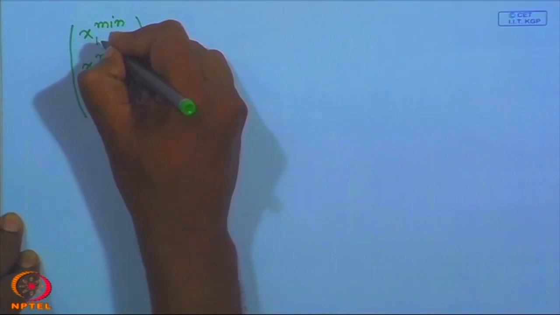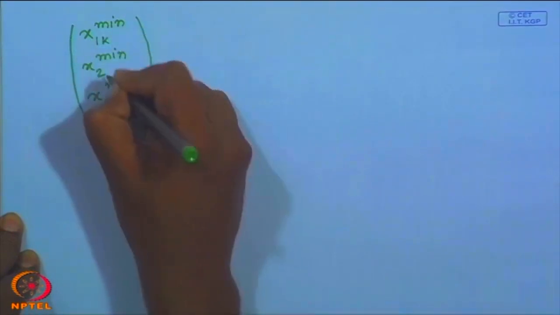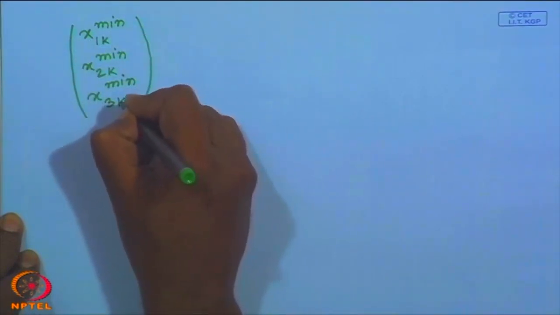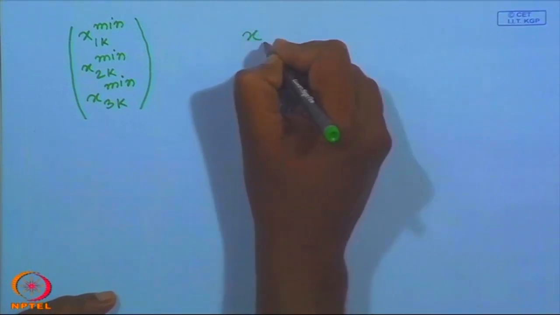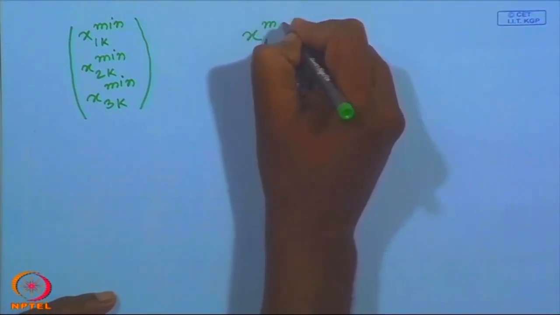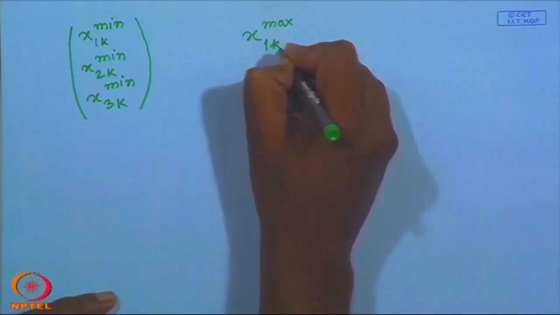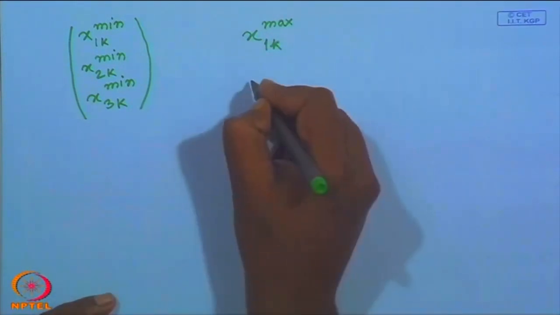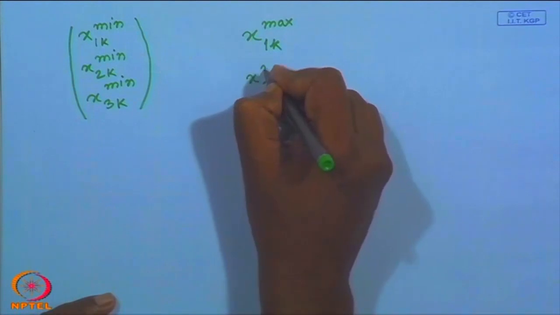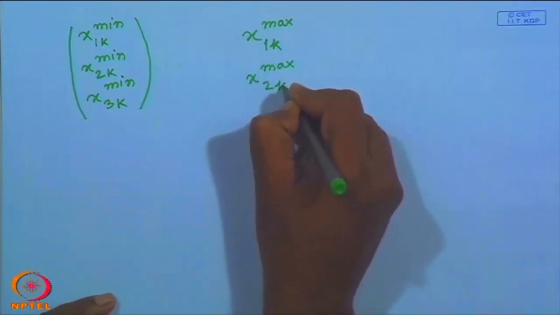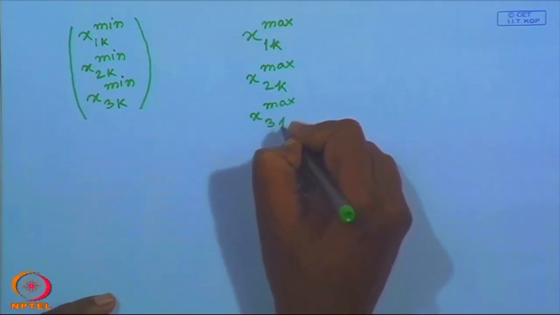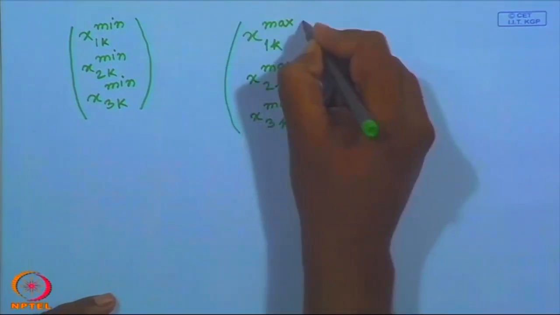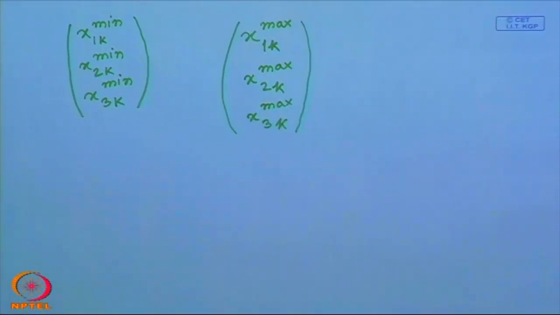So, I put x1k, x2k, x3k. Similarly, the max point I define as x1 max for the kth bin, so x1 max k, x2 max k and x3 max k. So, this is the max point of the kth bin.